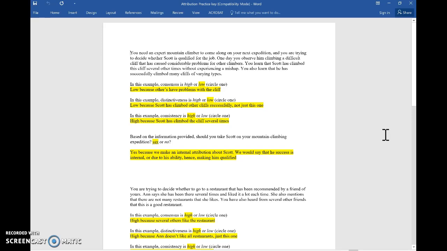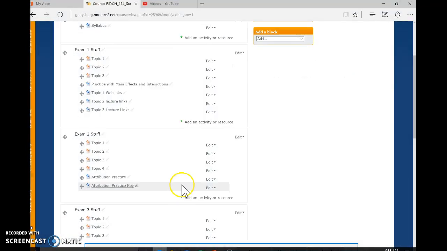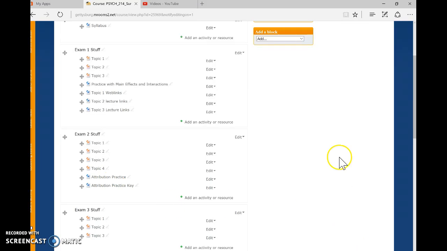The answers are highlighted in yellow. I have another version that just says attribution practice, where it's not highlighted, so you can practice with this. And once again, it's on Moodle for you right here. Here's the practice, and here's the key. And I want you guys to really spend your time working through Kelly's cube, because it's not always the easiest thing to work through without practice.